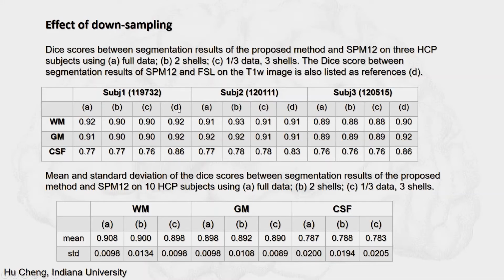We also compared the DICE score between SPM12 and FSL here. The results show that there's not much difference by downsampling the data. The DICE score is still around 0.9 for both gray matter and white matter, which is comparable to the DICE score between FSL and SPM12.